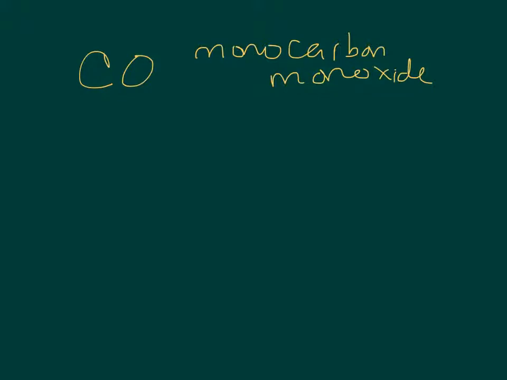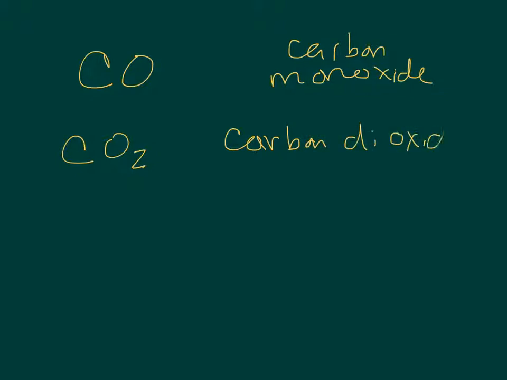But we know that since we don't write it for the first element, it's just going to be carbon monoxide, which you guys are very familiar with. If we look at something like CO2, again, we would say carbon dioxide. Change my ending of oxygen to IDE. We wouldn't say monocarbon dioxide.